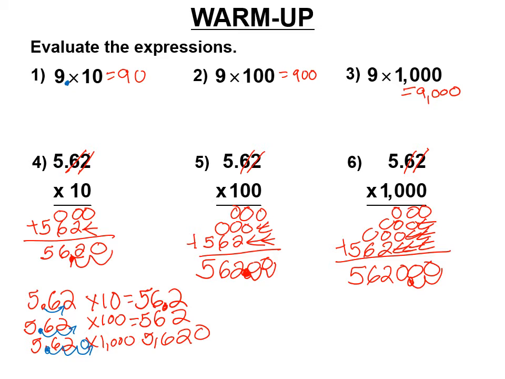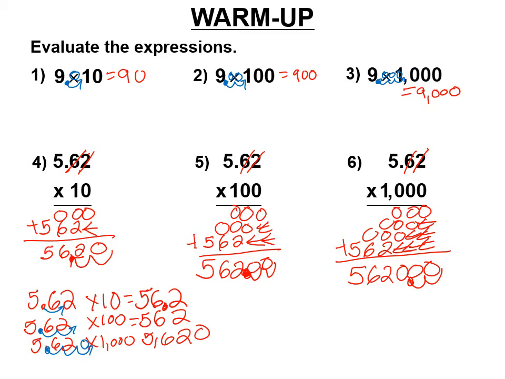But when you multiplied 9 times 10, it moved the decimal point once and you added a 0. When you multiplied by 100, you moved the decimal twice and you added 2 zeros because there are 2 empty spaces. When you multiplied by 1,000, you moved the decimal 3 times. There were 3 empty spaces, so you added 3 zeros. So multiplying by 10, you move the decimal once, 100 twice, 1,000 3 times.